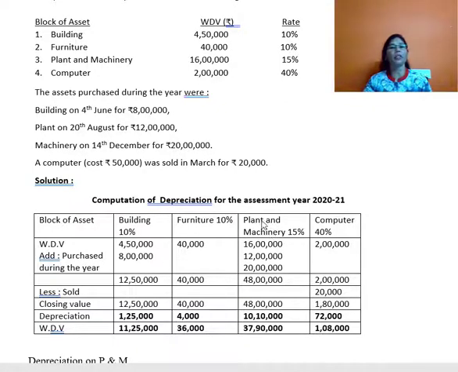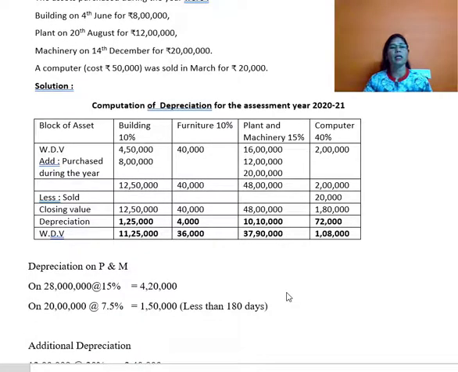Now coming to plant and machinery, we have a plant purchased on 20th August for 12 lakh. So this is also used in the business for more than 180 days. But the machinery which is purchased on 14th December, this is used for less than 180 days. If you count from 14th December till 31st March 2020, you will get 3.5 months. So it is less than 180 days. Therefore, depreciation on plant and machinery is done accordingly.